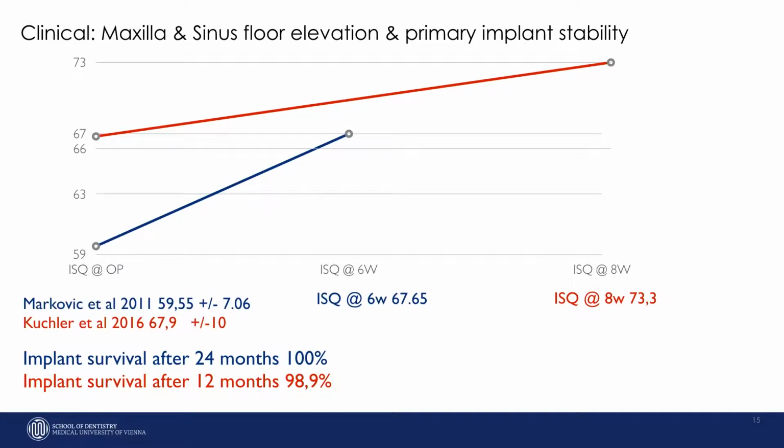Markovic left the implants to heal for 6 weeks, and he came up to 67. So what you see is that in all implants you had a nice increase, and the tool really gave you the confidence to go for earlier loading.